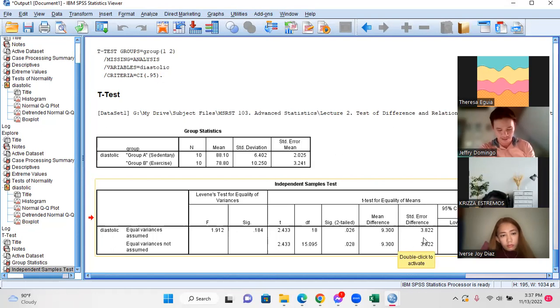That is why, since there is a significant difference, i-reject ang null hypothesis. Okay? Ayan. So, nakuha na ni Sir Jeffrey. Sige, may video naman. So, balikan nyo lang to ha.